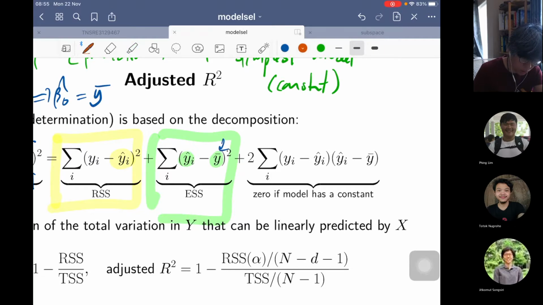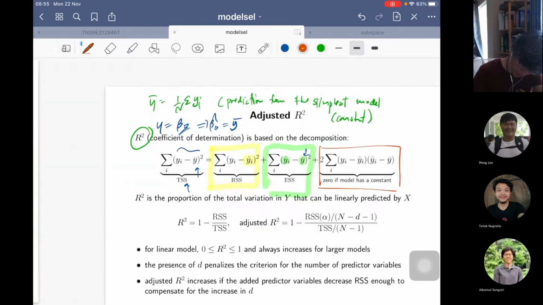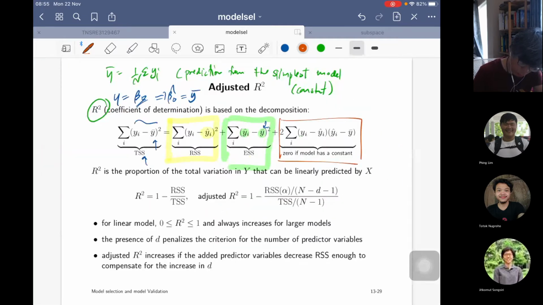We also have the crossing term. In linear regression, it can be proved that if your model contains the constant term beta 0, the crossing term is always 0. That's why TSS equals RSS plus ESS.